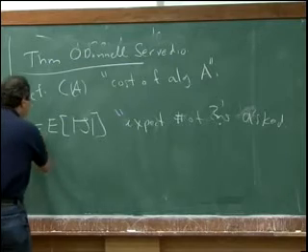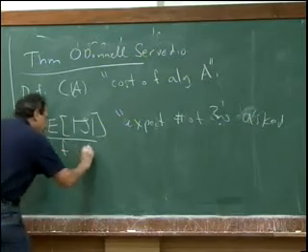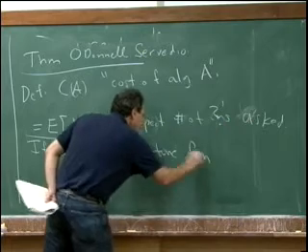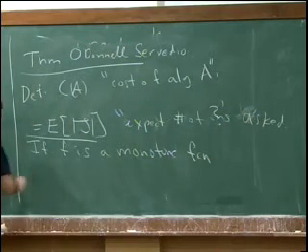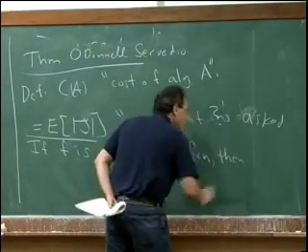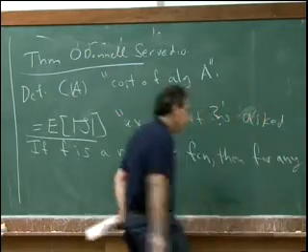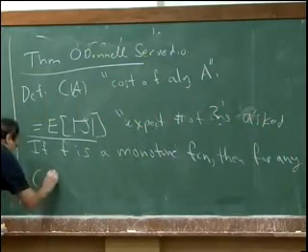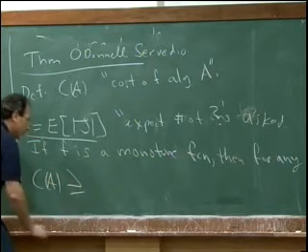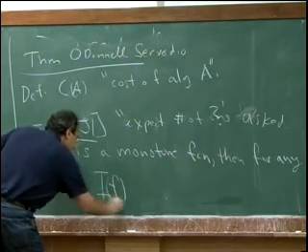And their theorem says the following. If f is a monotone function, then for any algorithm A for f, the cost of A is at least the total influence of f squared.